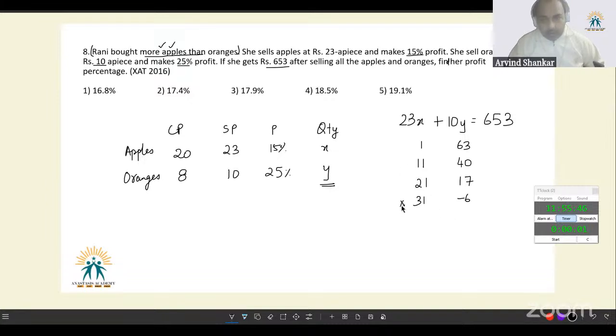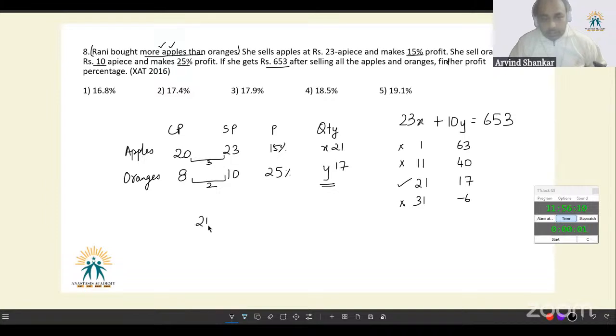Now, this is not possible because you cannot buy -6 oranges. This is not possible and this is not possible because you were told she bought more apples than oranges. So this is the only acceptable case, which tells us the profit earned is 3 rupees here, 2 rupees here.